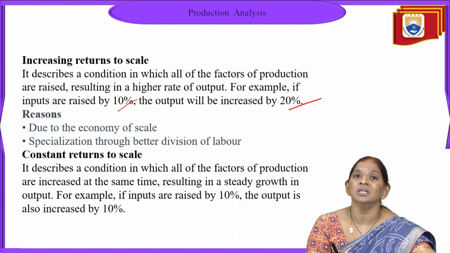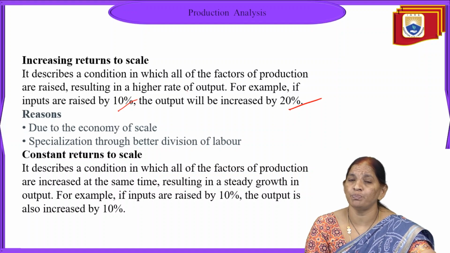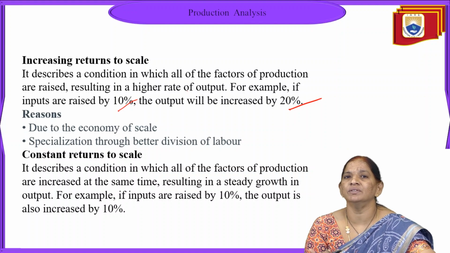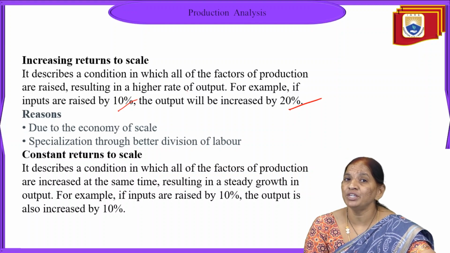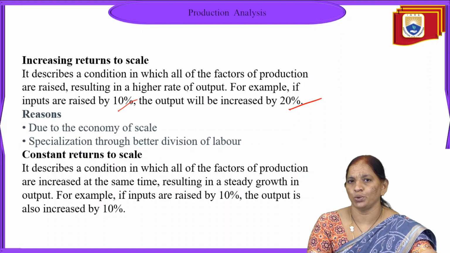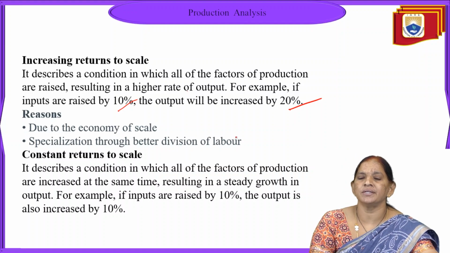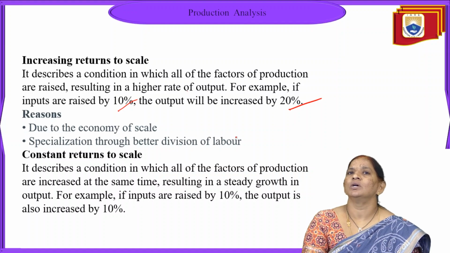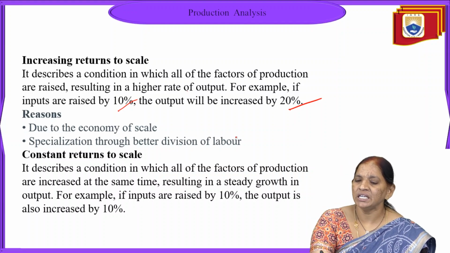Then automatically the work is done with good perfection and expertise. They complete the work faster and efficient goods are produced. So these are the two reasons why in the long run the production function experiences increasing returns to scale.